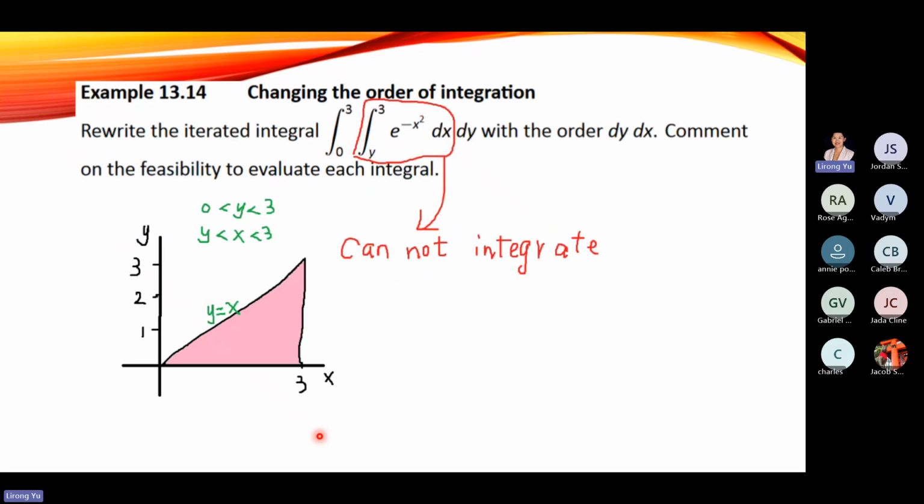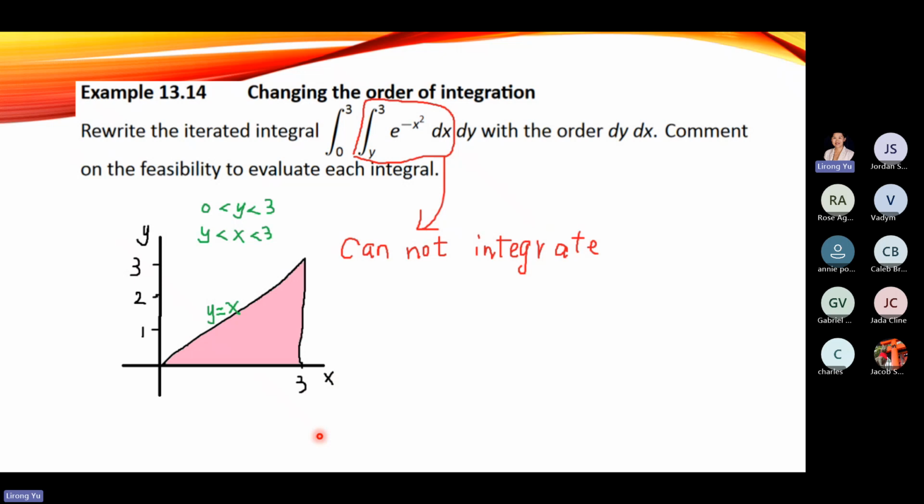So here we are. The number one thing: if we want to change the integration order, we have to identify exactly which region we are integrating. Some of you are better at this than I am; I have to visually see the integration region in order to switch the order.